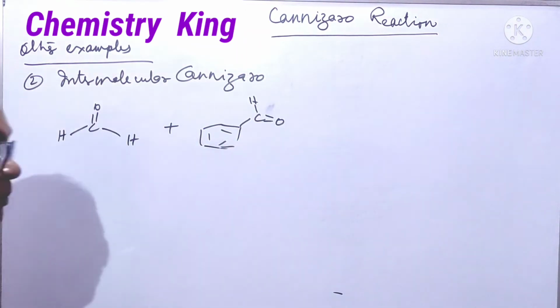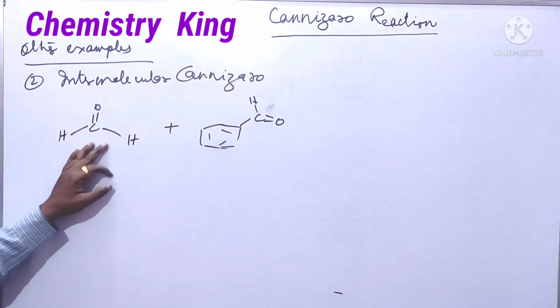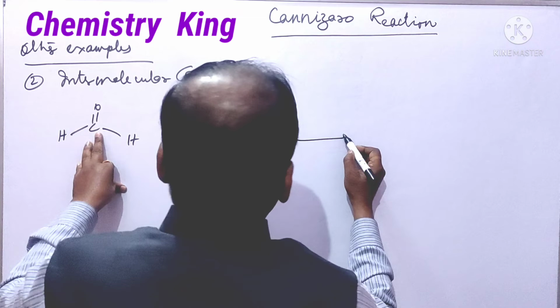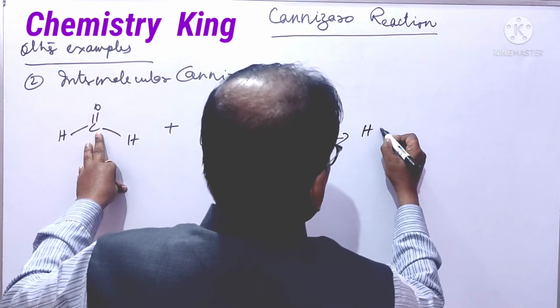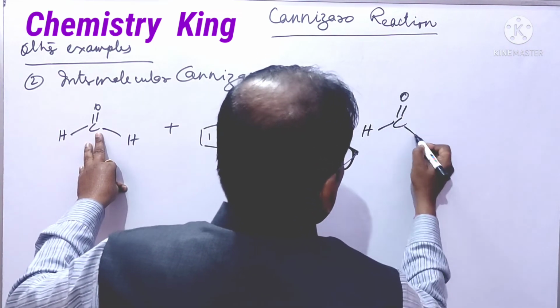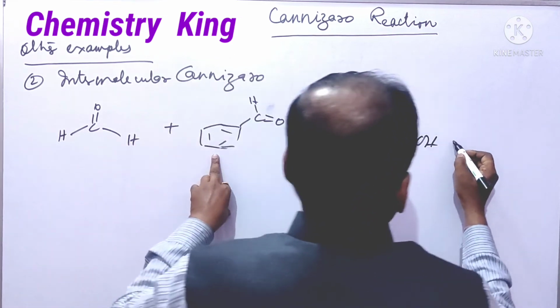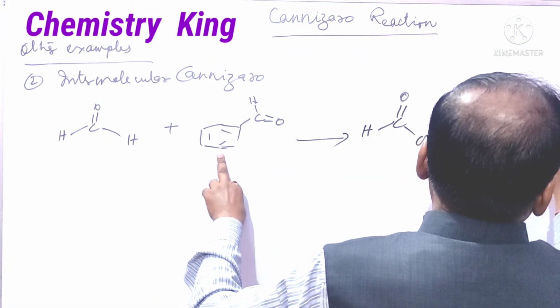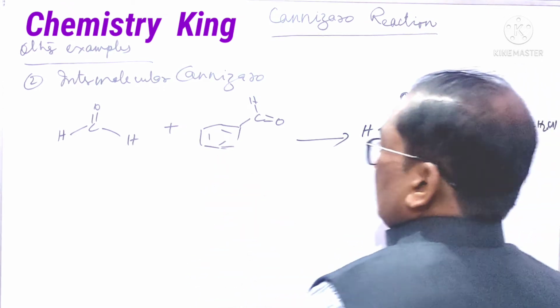So it is a super trick here that smaller molecule is oxidized. So this formaldehyde, C double bond OH, is oxidized and the bigger molecule is reduced and it is benzyl alcohol.